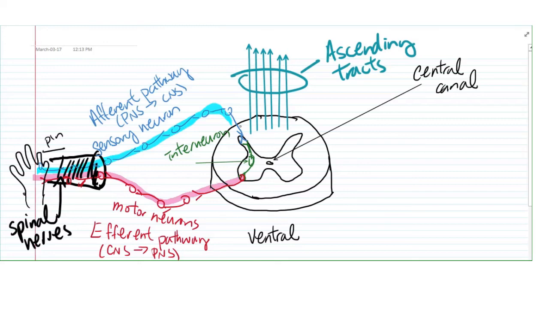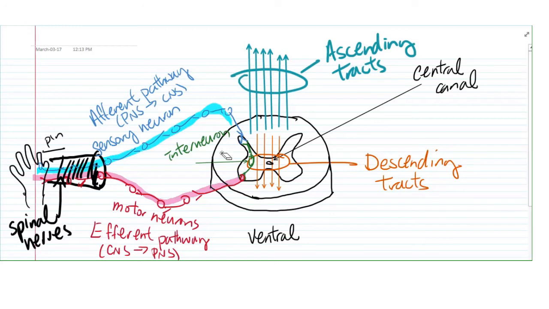If further actions are required, that information will come down through the tracks that are at the front, which we call descending tracks. So again, ascending tracks take information up towards the brain, and descending tracks take information down from the brain. That's the overview of what's happening in terms of the spinal cord.